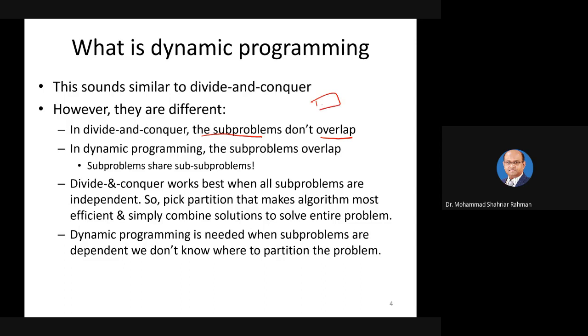However, just keep in mind that, okay, so if we have this problem P1, and if we have another problem P2 that has some part shared with this P1, then they're overlapping.